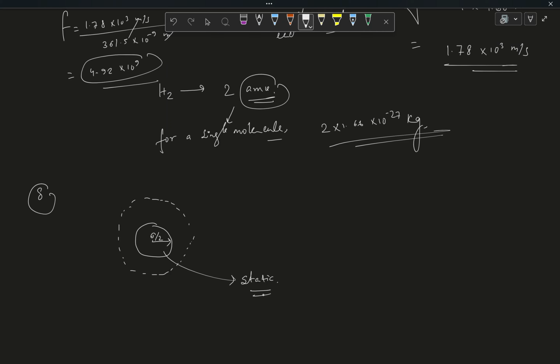Basically, the other molecules present in the surrounding will try to collide with this molecule and give rise to collisions. So what is the effective area within which the collisions are most probable to occur?